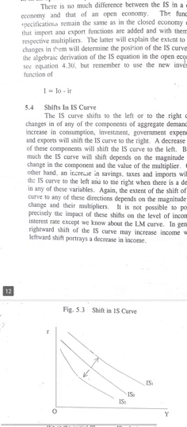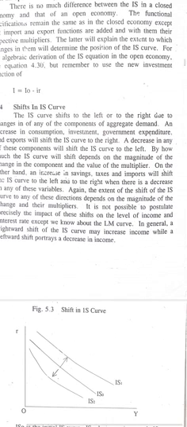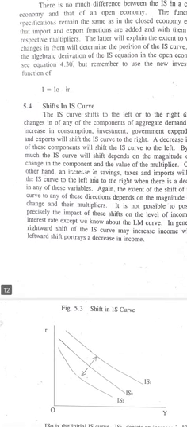On the other hand, an increase in savings, taxes, and imports will shift the IS curve to the left. When you have an increase in taxation, income shrinks, so the IS curve will shift to the left.